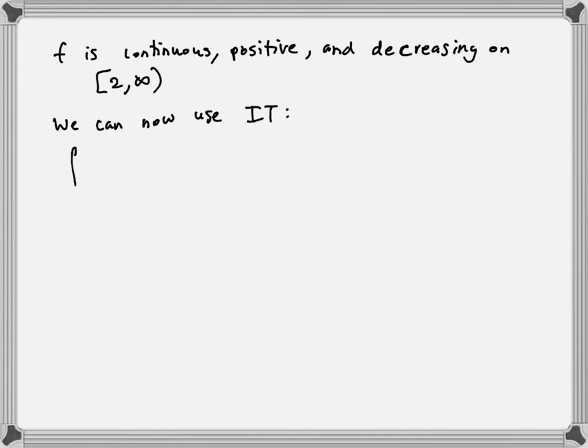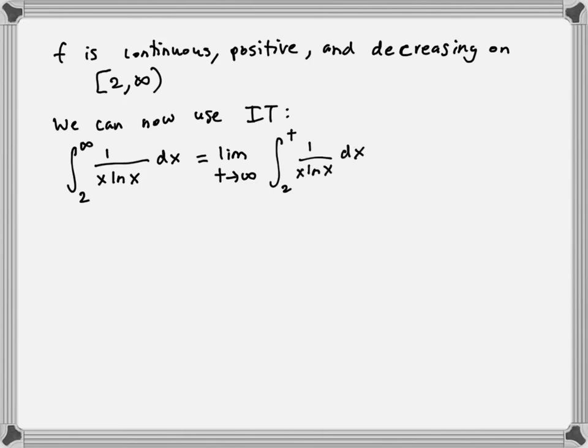So I'm going to look at the integral from 2 to infinity of 1 over x ln of x dx. Okay? So what is this integral equal? Remember, this is equal to the limit as t goes to infinity of the integral from 2 to t of 1 over x ln x dx.